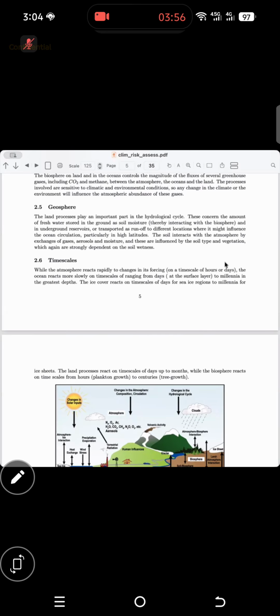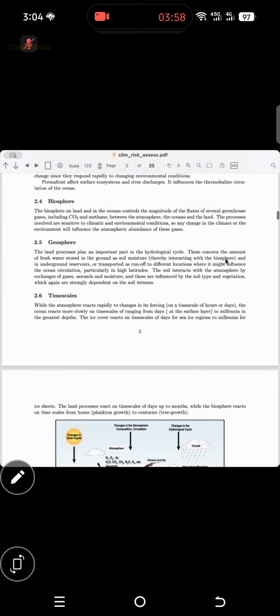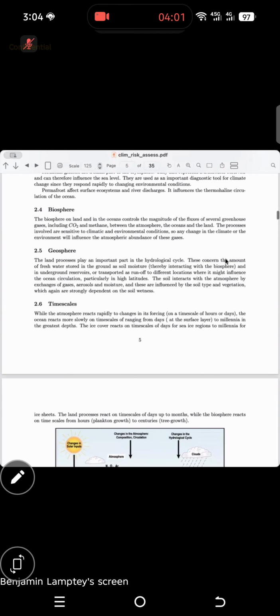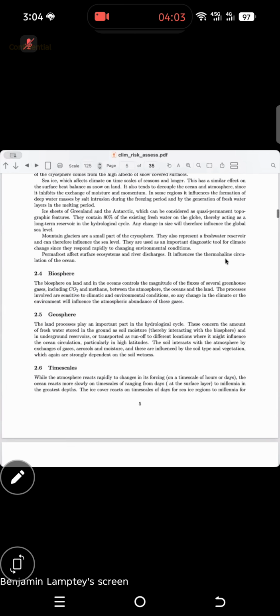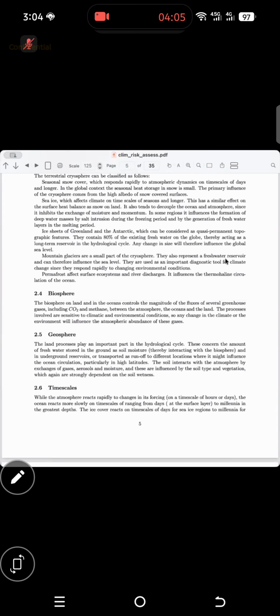Then we have the issue of the cryosphere. The main impact of the cryosphere is what we call albedo. Albedo is reflection coefficient. The main source of energy in the climate system is the sun. When the radiation comes from the sun, it passes through the atmosphere and hits the surface.